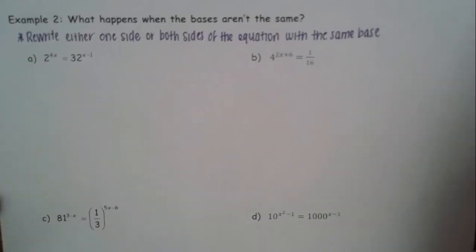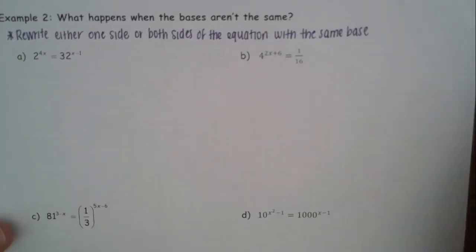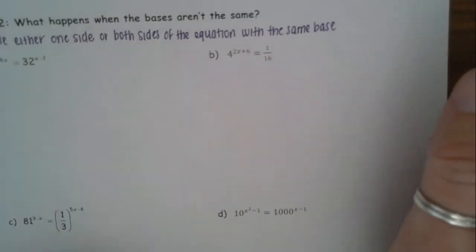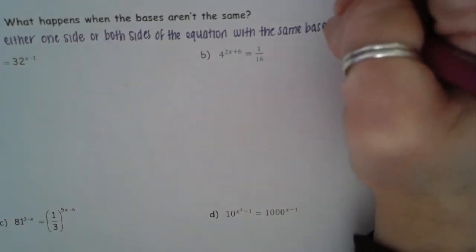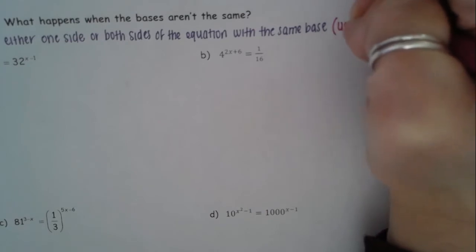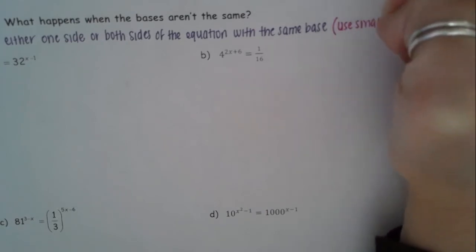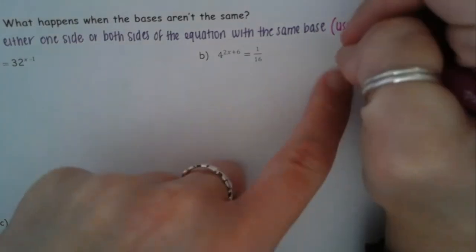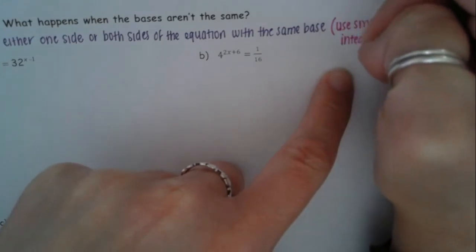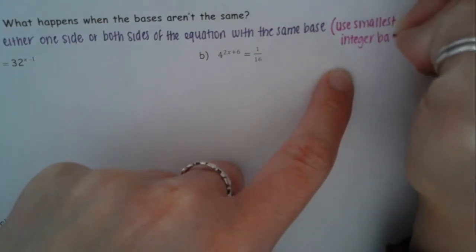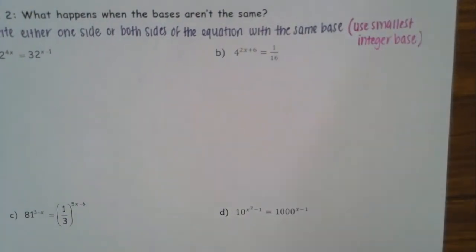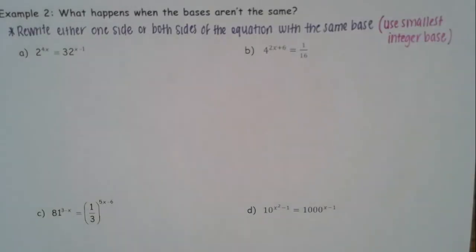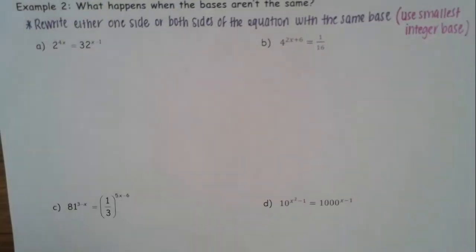And we want our base to be, well, as small as we can go, but sometimes there are going to be other options that we can do. But I think a good rule of thumb is to use the smallest integer base that you can get. And we'll talk about what that means. And this is where your exponent chart is going to help a lot here.